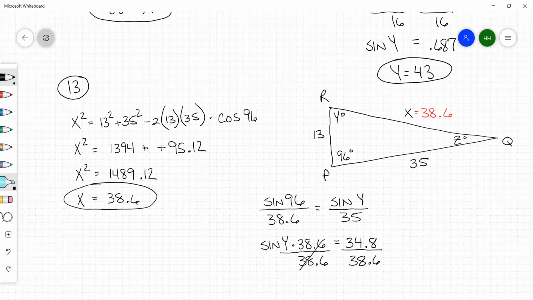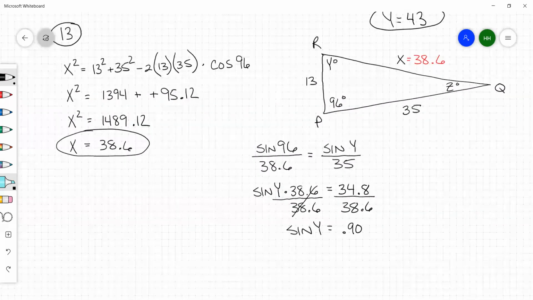These will cancel. Our sine of y is equal to 34.8 divided by 38.6, 0.90. And second sine equals, I got 64.36, that's 64 degrees.